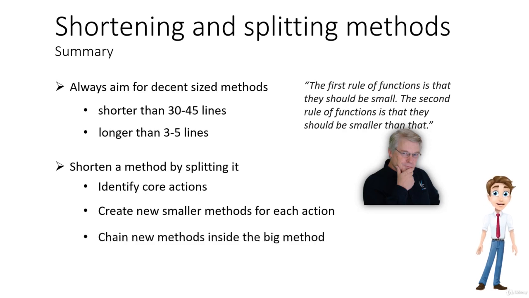Finally, we chain the new methods inside the big method with all the handling that is needed. The big method should then be much smaller, and we can more easily identify what each method does, where our bug might be, or where exactly we have to add a new feature. So now that we have reviewed the summary, let's go into the code and actually apply what we just learned.